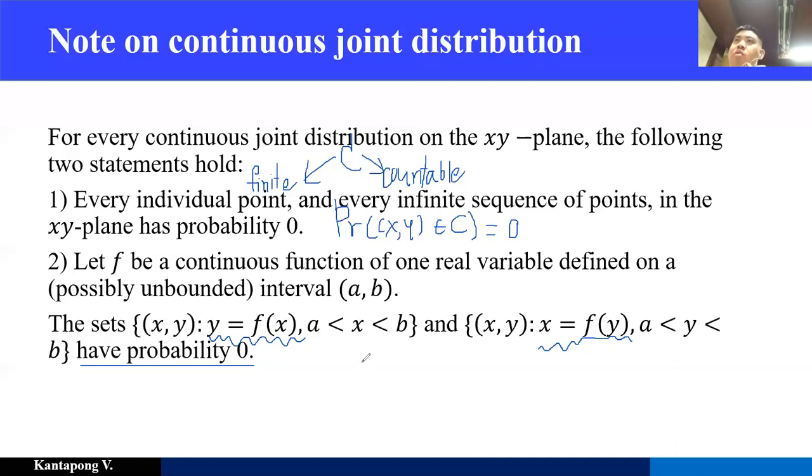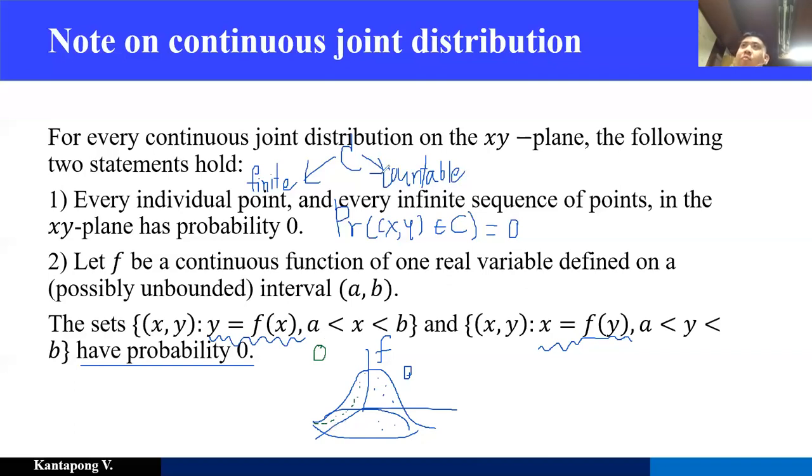So if we think about, let's say, the normal curve, we know that for finitely many points, the probability is 0. For a sequence of points, this is still 0.